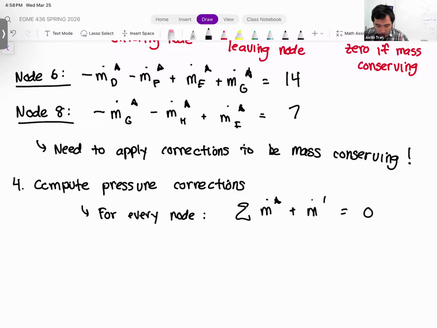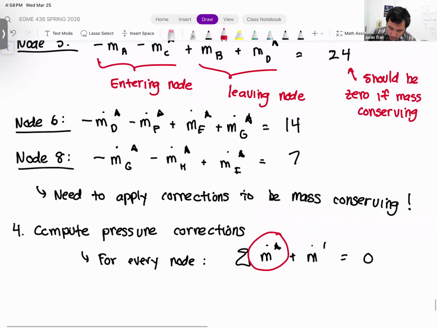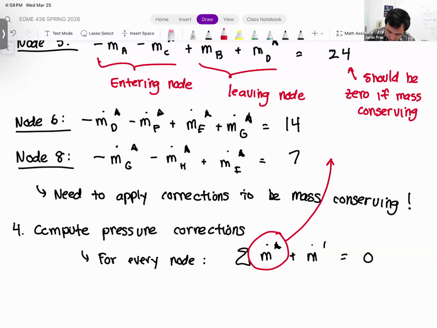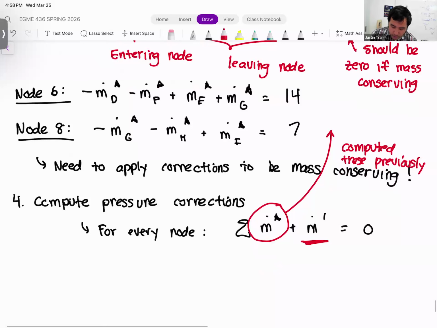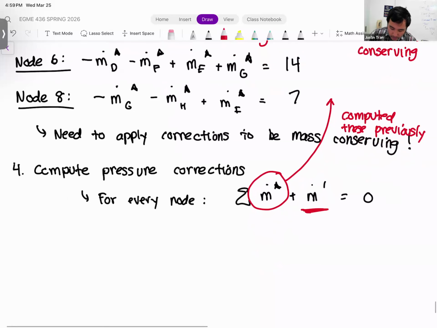So we've already computed these, right? We computed these in the previous step. We now need to get expressions for these, right? And to do that, we're going to use our momentum equation, but we're only going to use our corrected pressures.